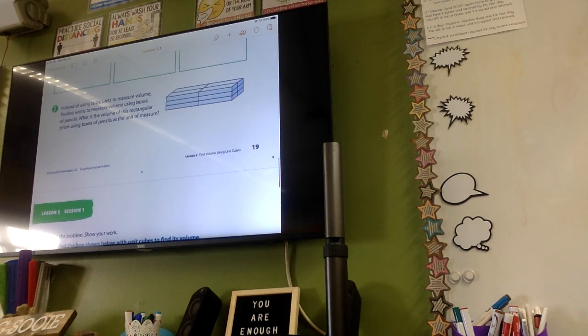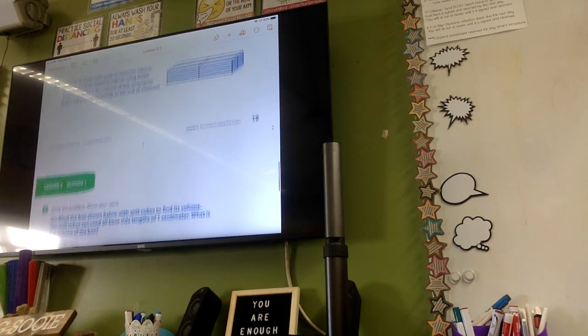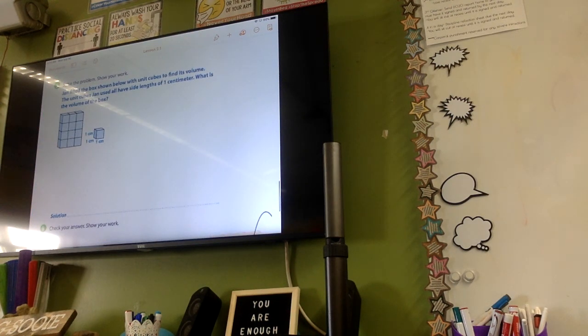Number 2 is asking you to find the volume, but this time instead of using unit cubes, they're using boxes of pencils. So just the shape's a little bit different. All you're doing on that one is finding volume. Number 3, you're doing the same thing. You're finding the volume.